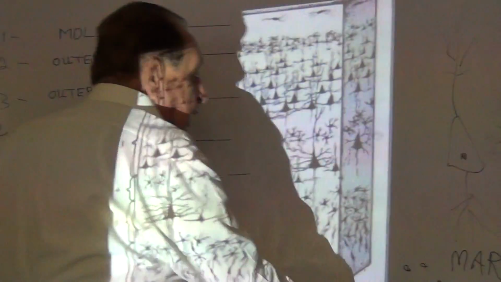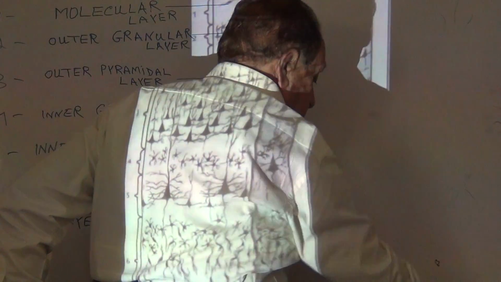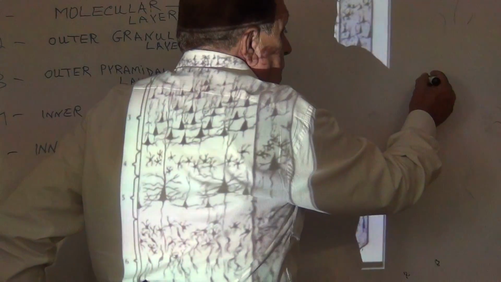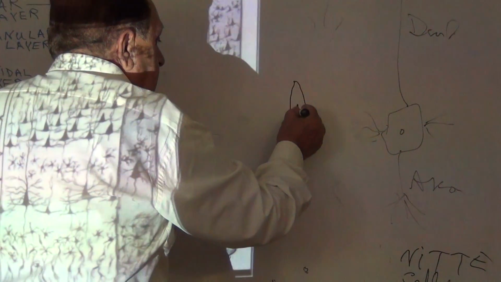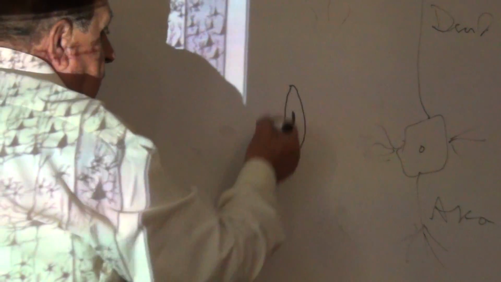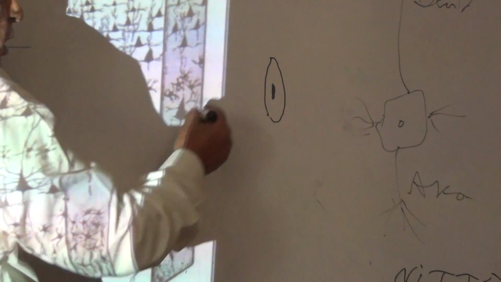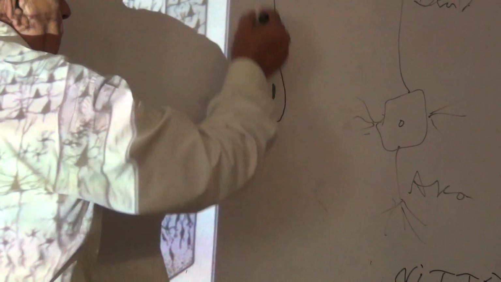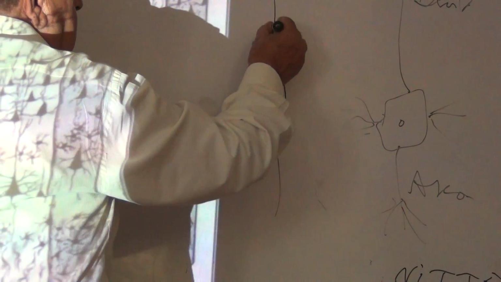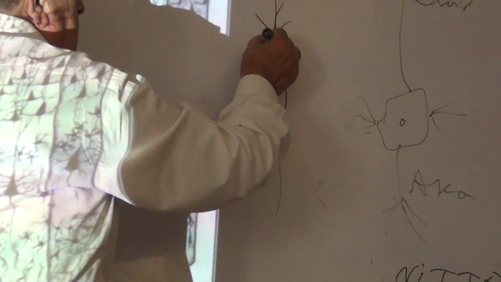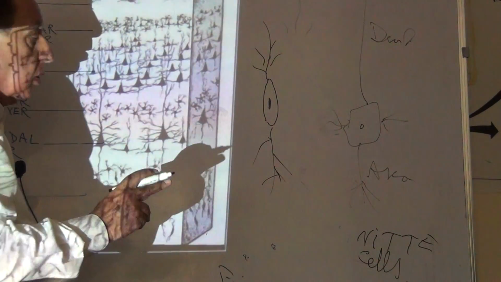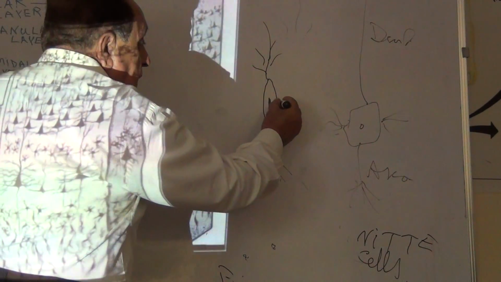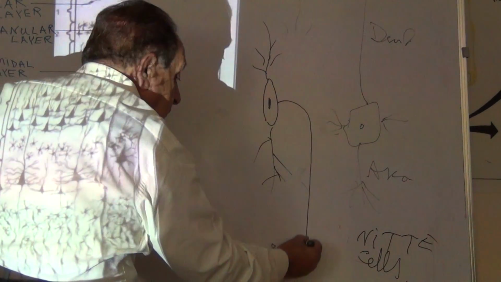Now the fusiform cells have a body at right angle to the surface, and it gives dendrites at the apical region, and the axon arises from the lateral part of the body.